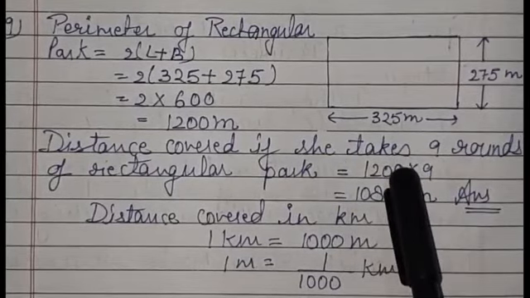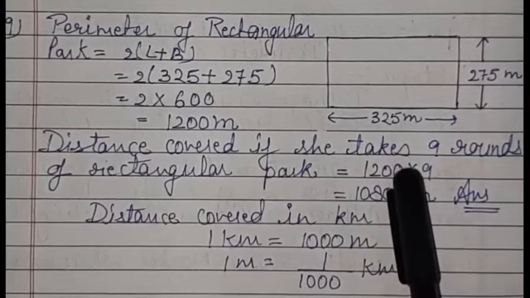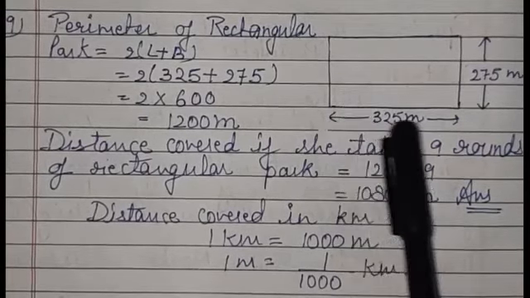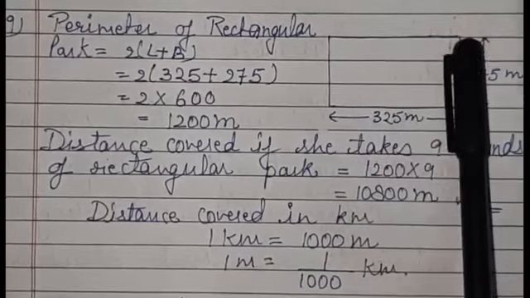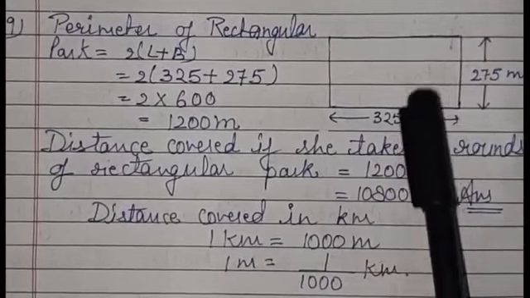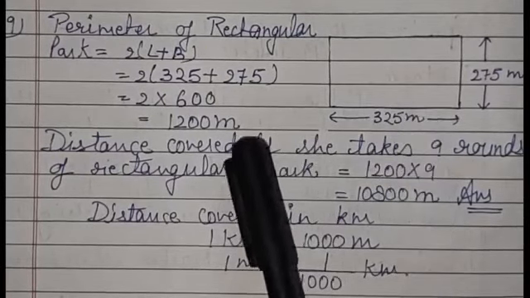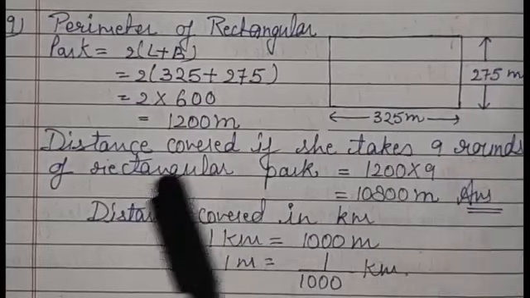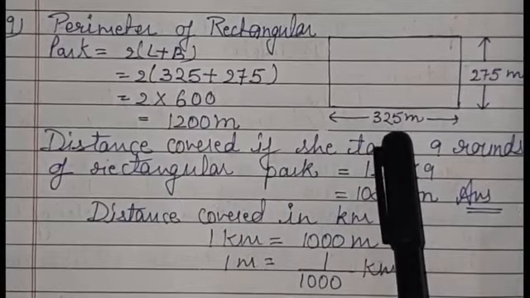What distance does she jog every day? So that means first we have to calculate this rectangular park's perimeter, right? And then we will multiply it by 9. Why? Because she takes 9 rounds of this rectangular park. Clear?